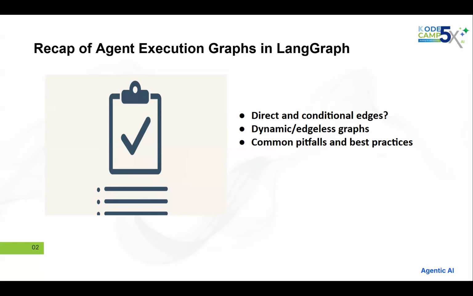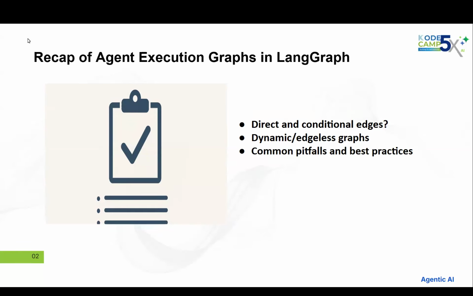We touched on a fixed edge. We touched on the conditional edge, and we also touched on routing function and a path map. So the fixed edge is a hard coded connection that defines a permanent direct path between two nodes.